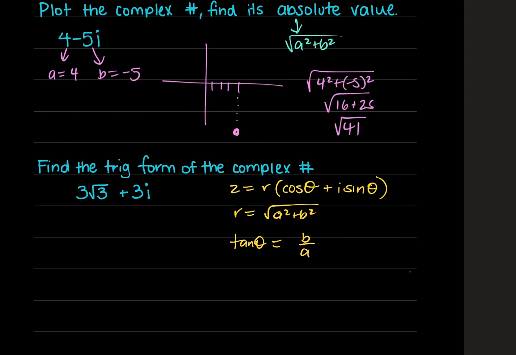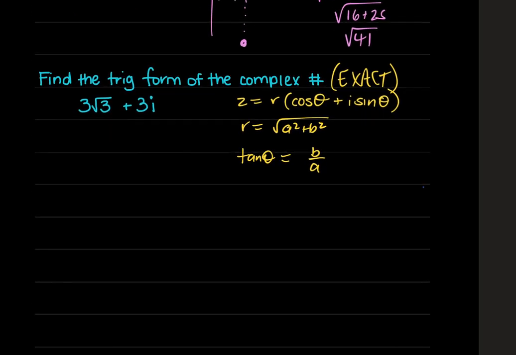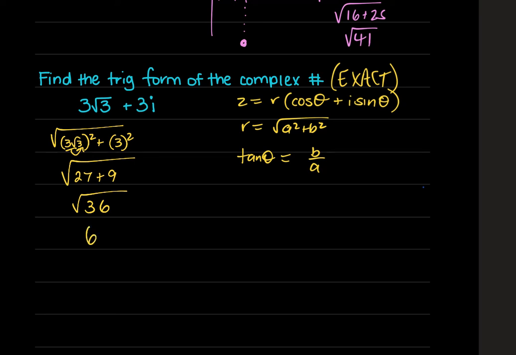These will be unit circle based, so these will be kept exact. So the square root of root 3 squared plus 3 squared. This is 9 times 3, so 27 plus 9, square root 36, which is 6. That's my r.